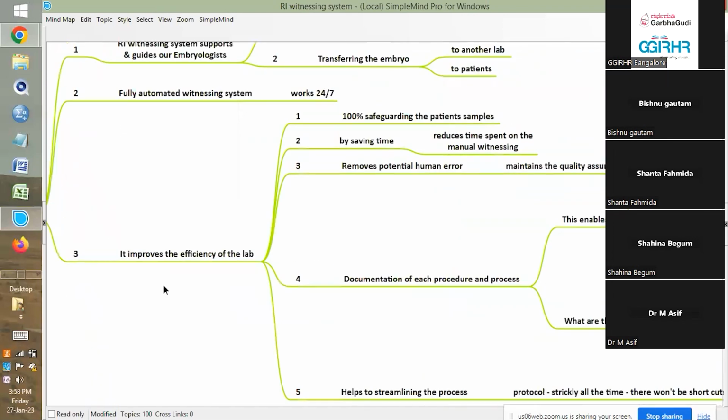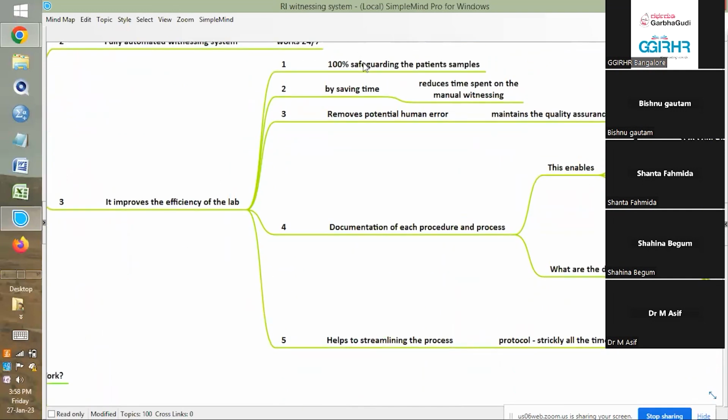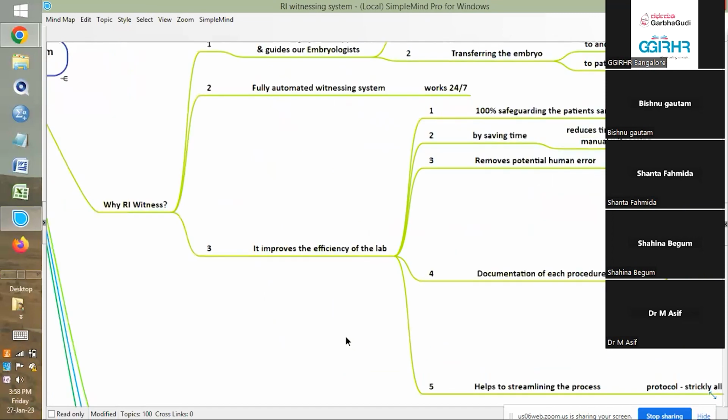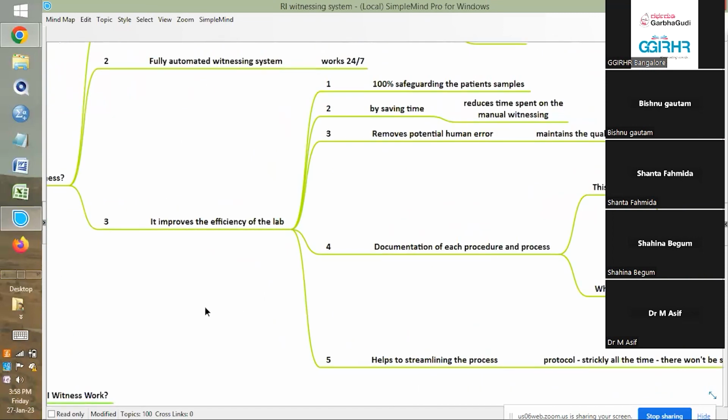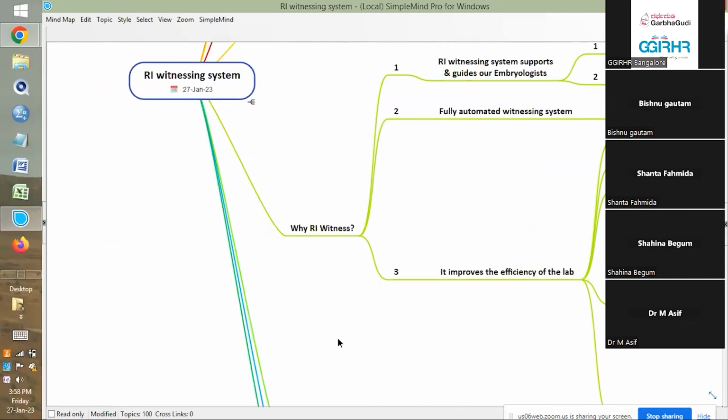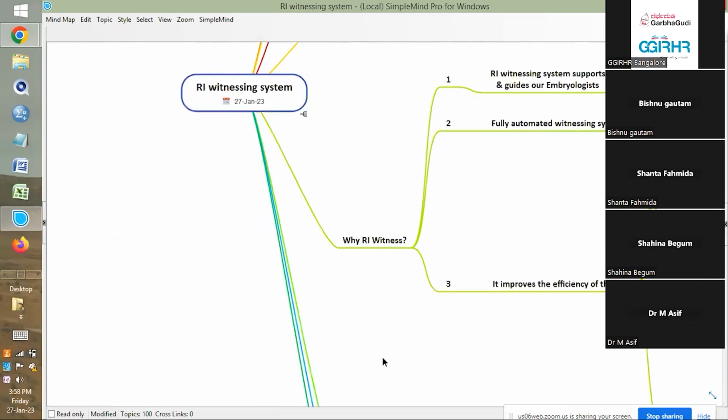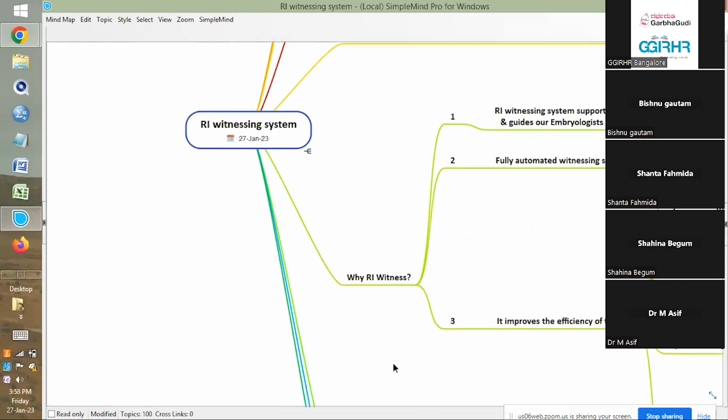How does it improve the efficiency of the lab? It safeguards the lab, it saves time, it removes potential errors, it helps in documentation, it helps in streamlining the process, like following protocol religiously without any deviation. There is no deviation of the protocol at all if you use the RI witness system, because the embryologist who is doing the procedure is witnessed by the RI witnessing system. Any mistakes we make are witnessed by the RI witnessing system.